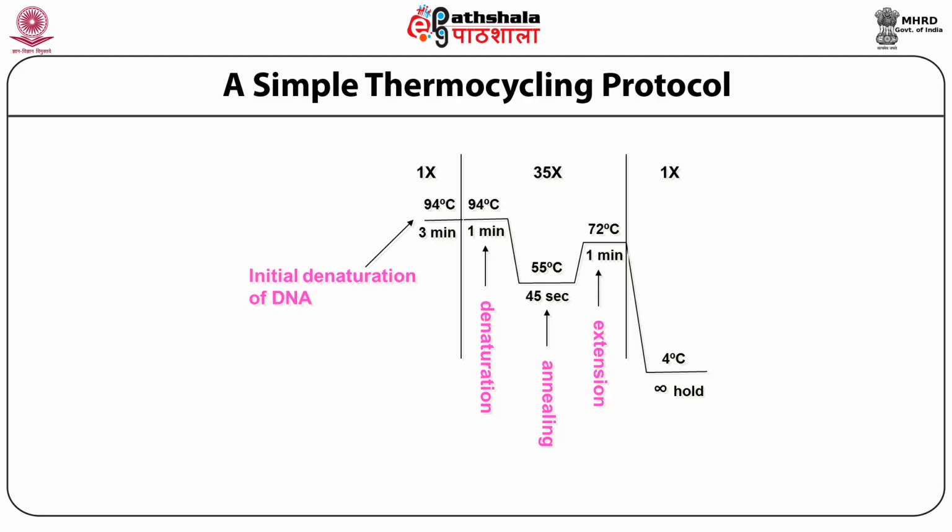Most importantly, for plasmid DNA the template concentration should be 10 to 20 picogram, but in the case of genomic DNA, we must take at least 0.5 to 1 microgram of DNA as starter material.